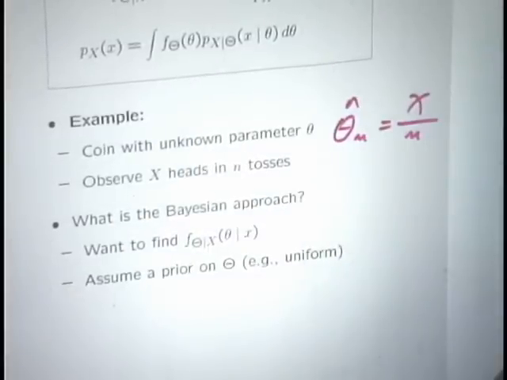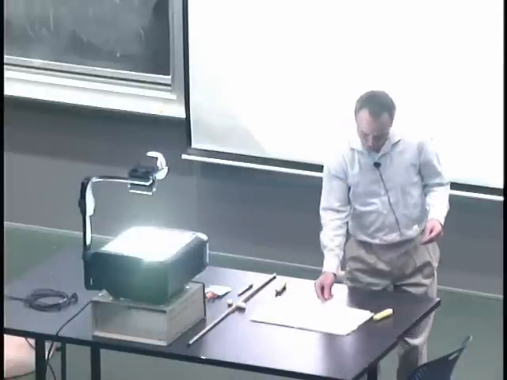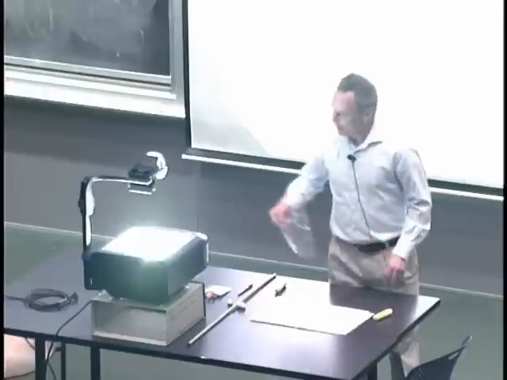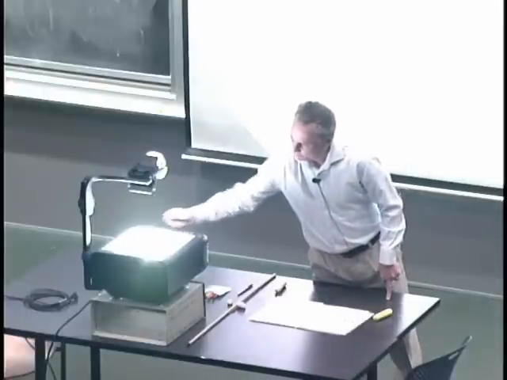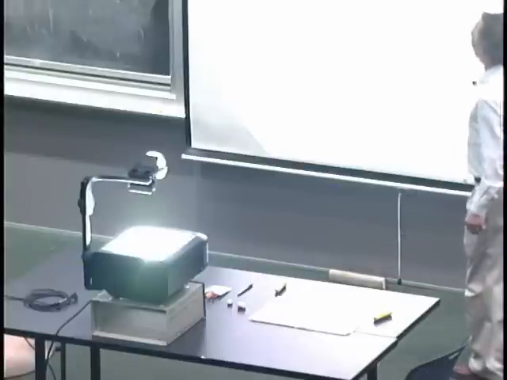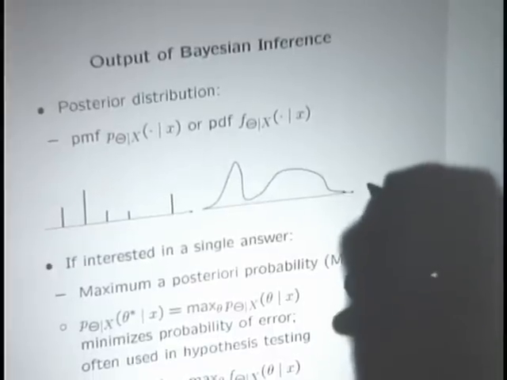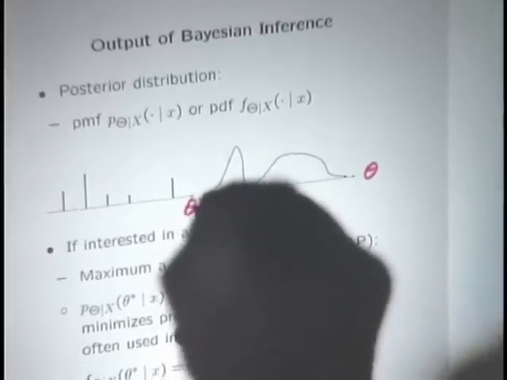All right. So no matter which version of the Bayes rule that you use, the end product of the Bayes rule is going to be either a plot of this kind or a plot of that kind. So what am I plotting here? This axis is the theta axis.